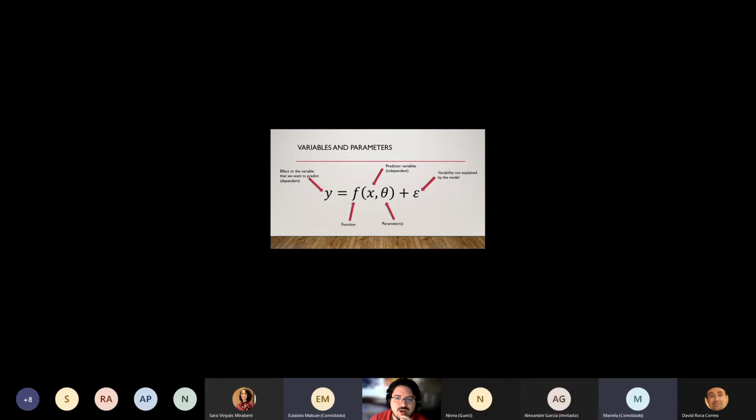And the other thing that we are missing is the error, okay? I mentioned all statistical models have error. You cannot get out of that. And that is the thing that you want to minimize, okay? But you will never get rid of it.